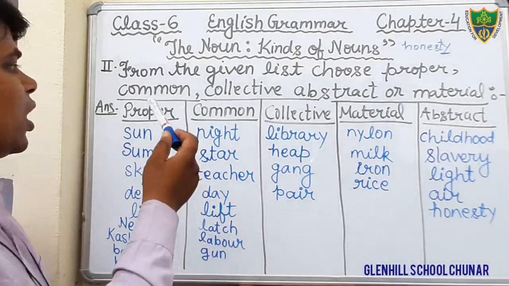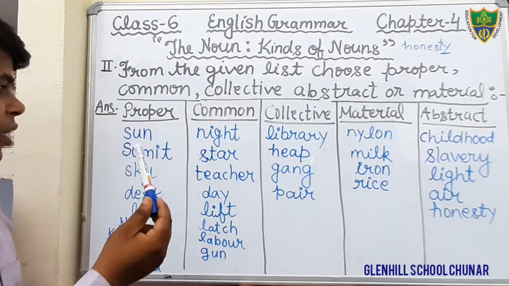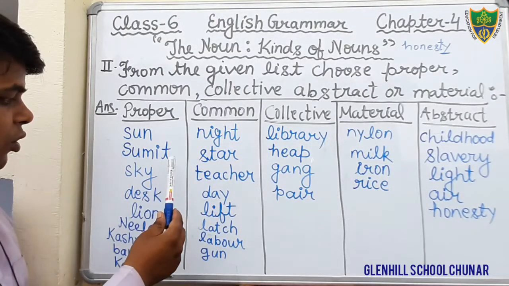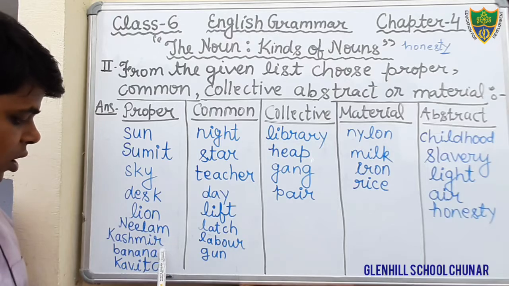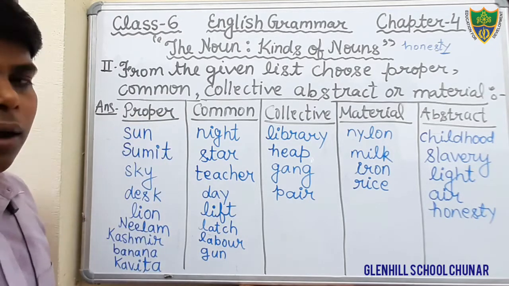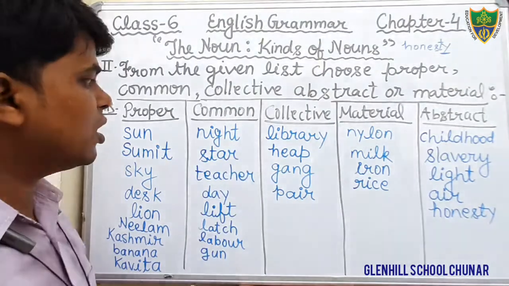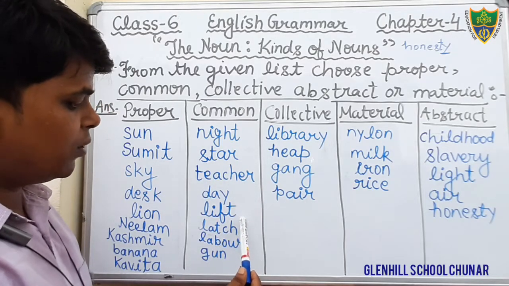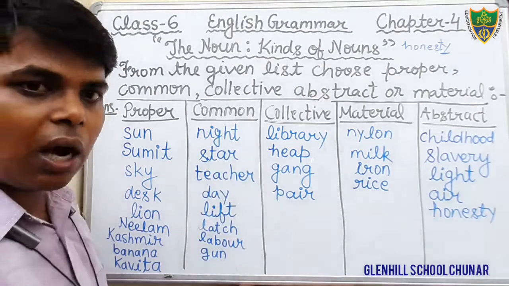In the column of proper noun, I have written the words, you can also match: sun, Sumit, sky, desk, lion, Neelam, Kashmir, banana, Kavita. These words are proper noun. And in the column of common noun, we can see night, star, teacher, day, lift, latch, labor, gun. These words are common noun.